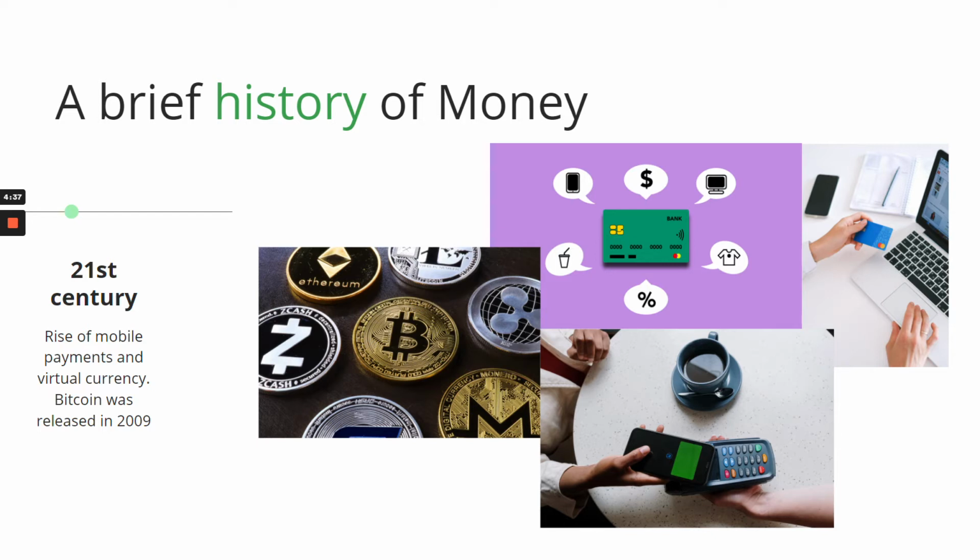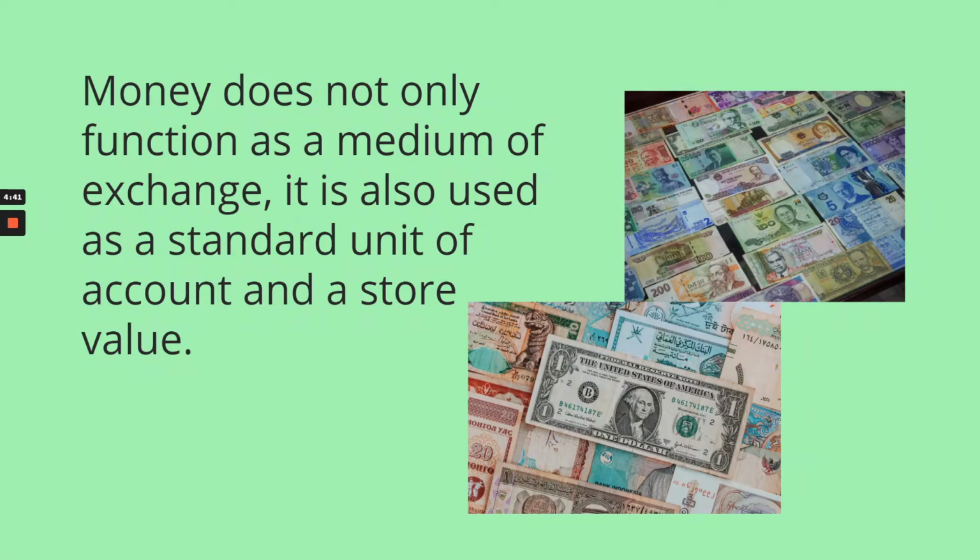But that is not the only use of money. Money is also used as a standard unit of account and as a store of value. When we say standard unit of account, it means it is used so that we can compare goods using a common system.